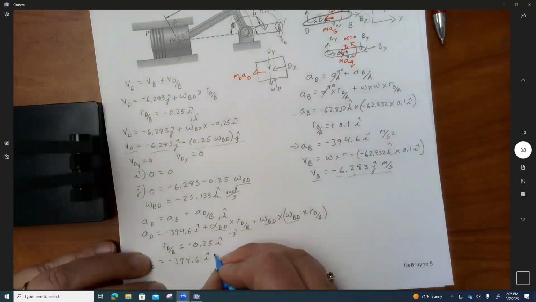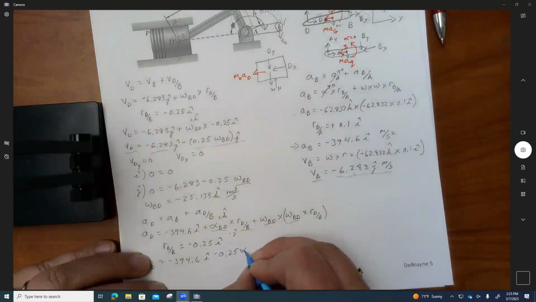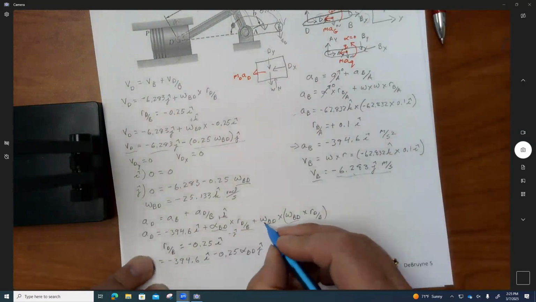So that is going to be minus 0.25 alpha BD in the minus j direction.